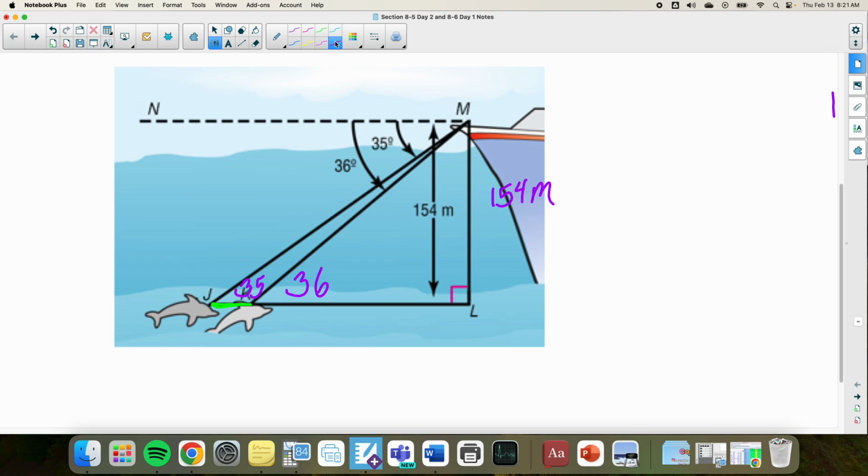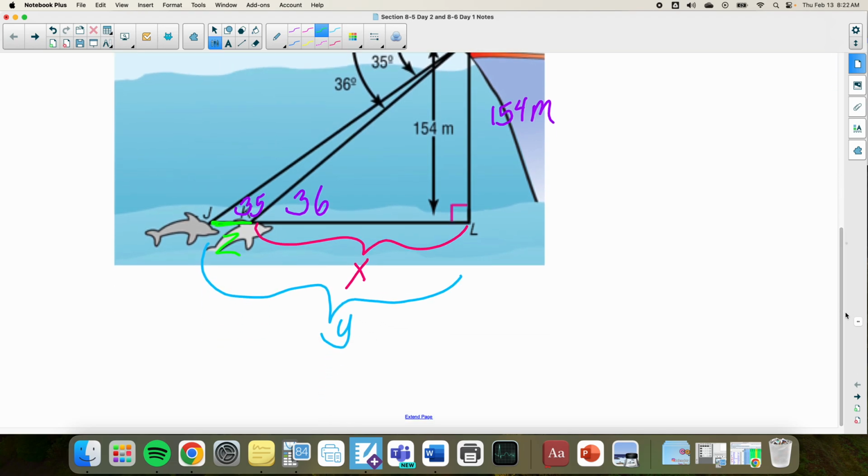We end up doing one triangle where we find this, and I usually call that X, okay? Then we do the larger triangle, which would be this distance, so that would be the whole distance down here, and I call that Y. And then in the end, what we want to do is find this green distance, which we can call Z. Does it make sense to you guys?